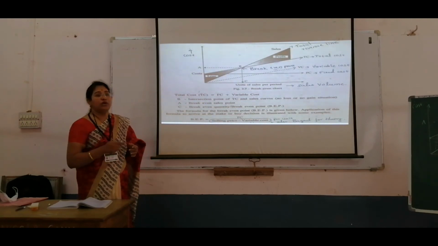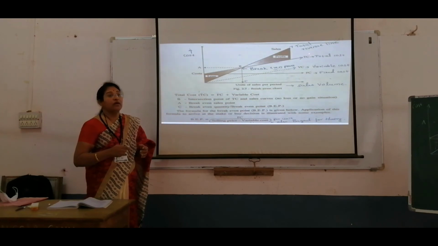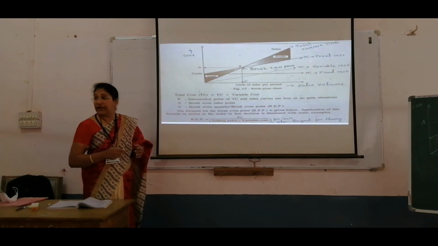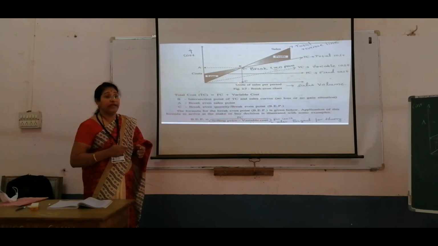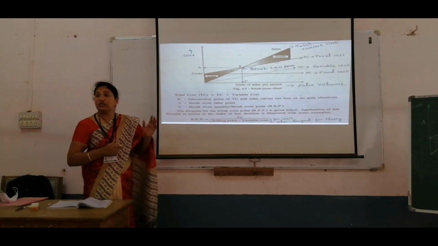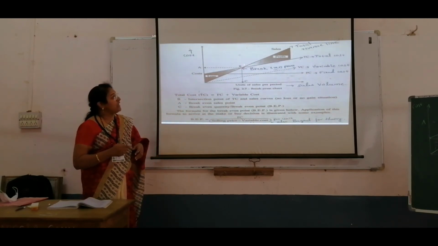Break-even point ಅಂದ್ರೆ ಏನು? It is a point at which the total revenue line intersects with the total cost line, and this point indicates that at that point there is no loss, no profit. You can see below this point, if you produce the part, it is a loss for the company.